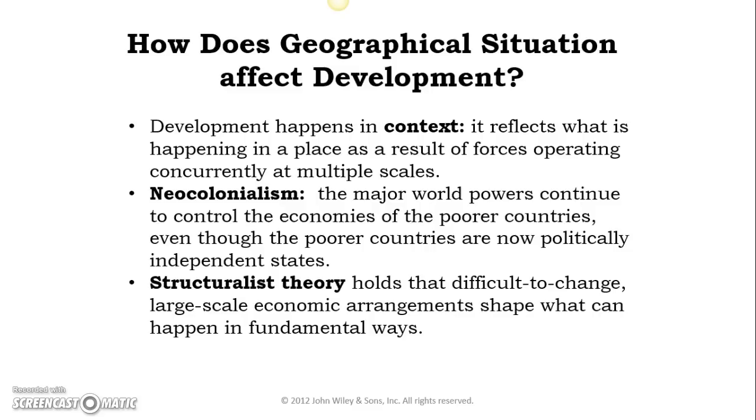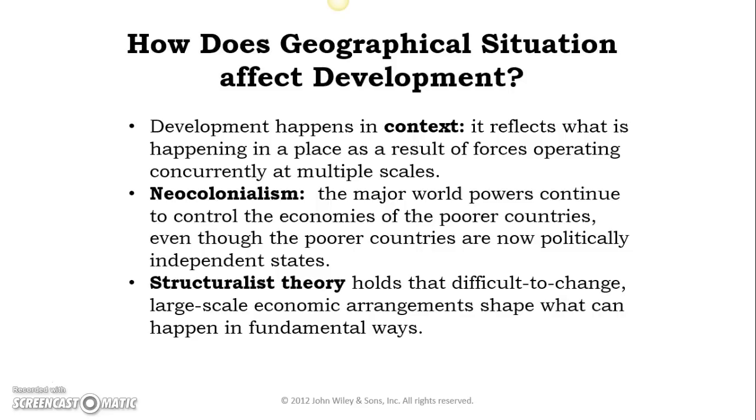We're also going to talk about what's called structuralist theory. Okay, and this is really structuralist. It's talking about the structure of the world economy. Okay. And the basic gist of the theory is that there are very difficult to change large-scale economic arrangements that shape what happens in various countries in very fundamental ways.